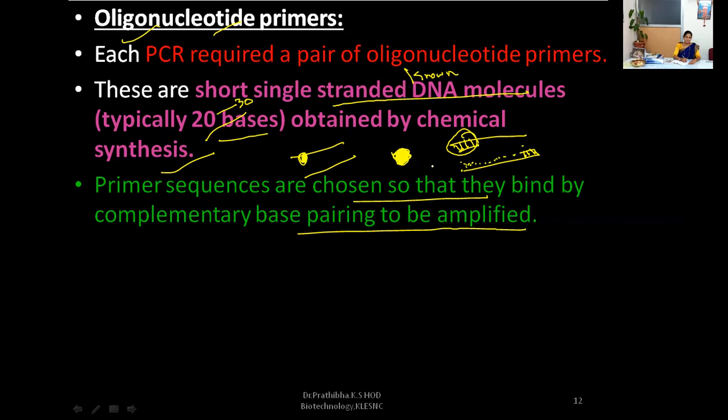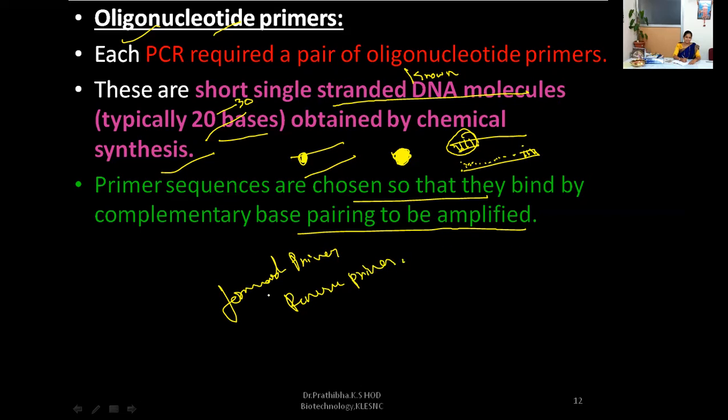One more thing you should keep in mind: in PCR we are using two types of primers. Do you have any answer? What are those two types of primers? That is the forward primer. The other one is the reverse primer.